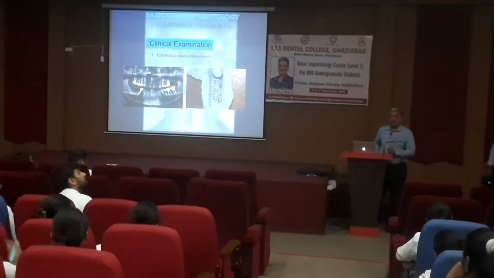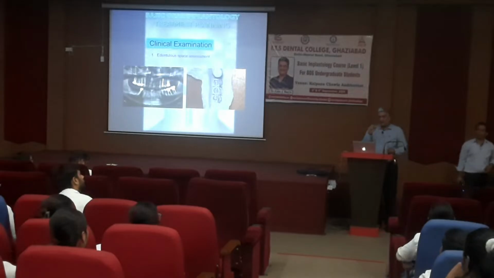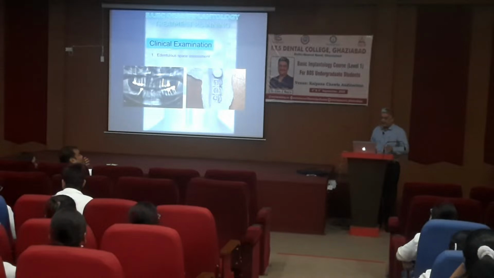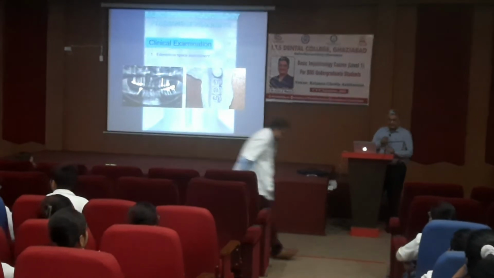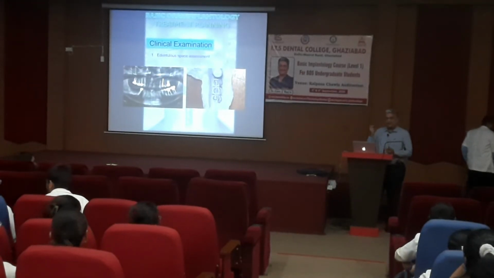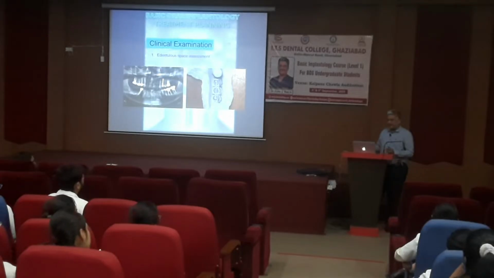First make a model, draw what you want to replace, and check the size of your implant, the size of the prosthesis, everything. This is how you can do it. So you have to assess how many implants in that edentulous alveolar ridge and what will be the size. We'll come to that in detail.